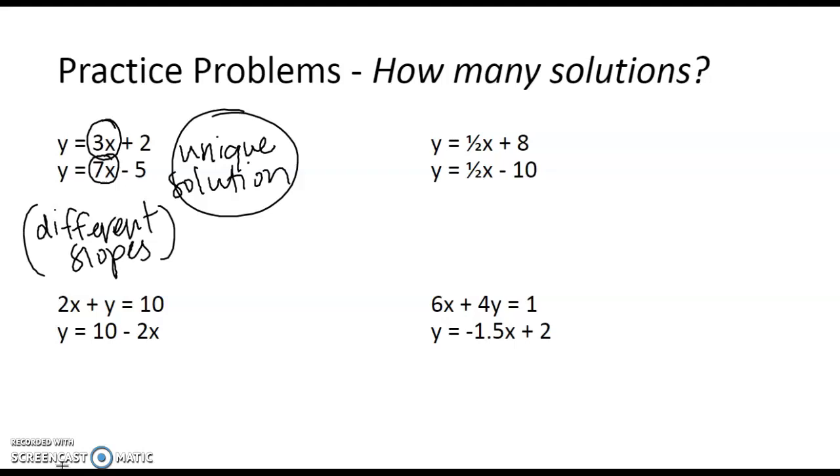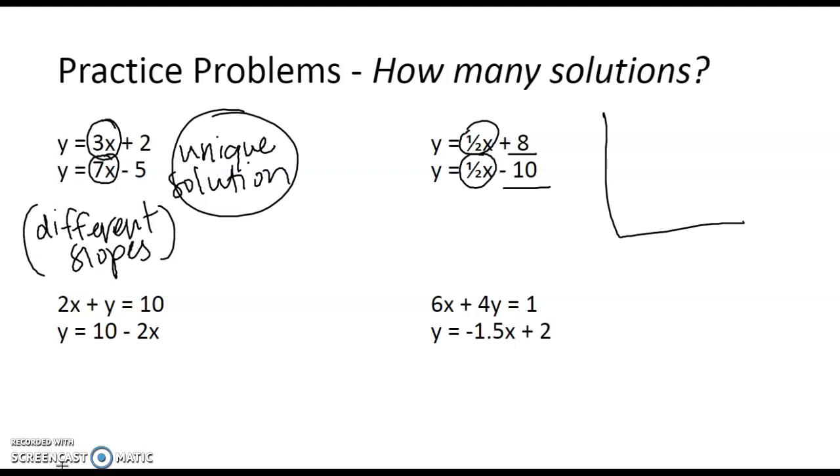In the example to the right, I have y equals 1/2 x plus 8 and y equals 1/2 x minus 10. Now in both of these equations, I have the same slope, but my y-intercepts are different. Because my slopes are the same, my lines are going to be parallel.